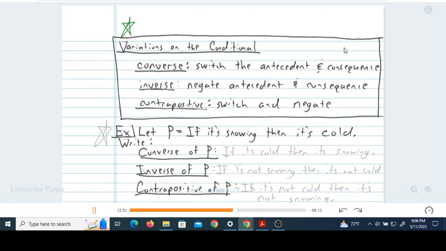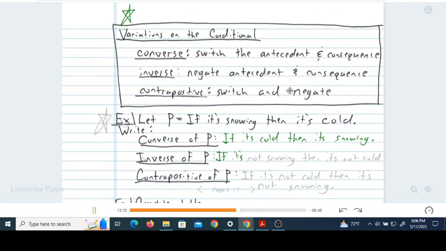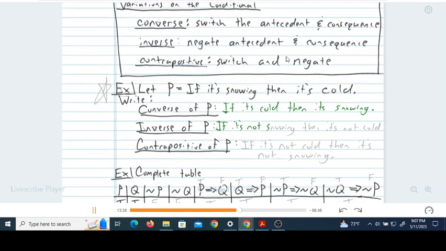So let's look at the statement, if it's snowing, then it's cold. We'll call that statement P. The converse of P just means we flip the antecedent and the consequence. So the converse would be, if it's cold, then it's snowing. The inverse would be negating everything, so if it's not snowing, then it's not cold.